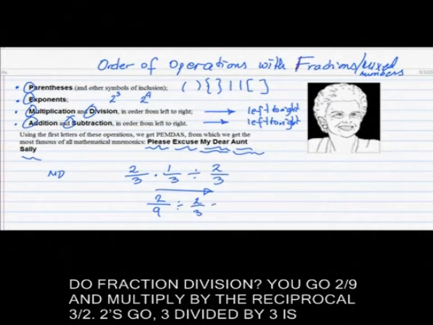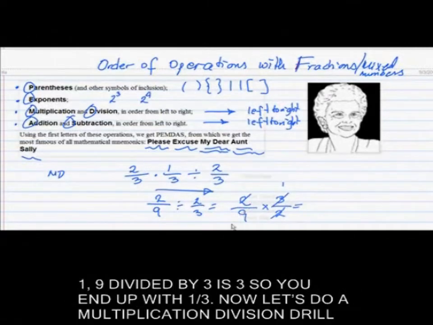How did we do fraction division? You go 2/9 and multiply by the reciprocal, 3/2. 3 divided by 3 is 1, 9 divided by 3 is 3. So you end up with 1/3.